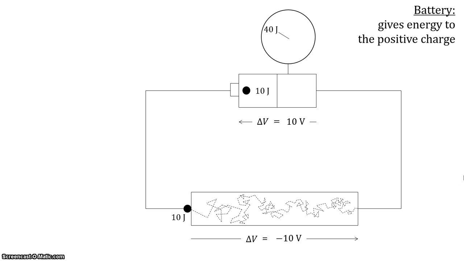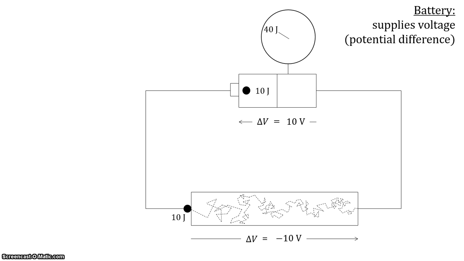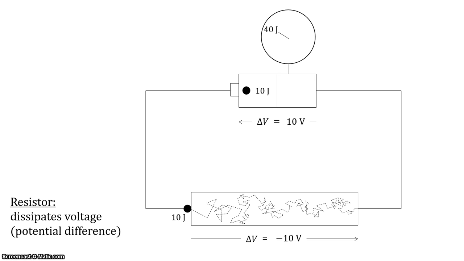Notice the battery is giving energy. It gave positive 10 joules to the charge. On the other hand, the resistor dissipated the charge's energy. In the language of voltage, we could say the battery supplies voltage or potential difference, and the resistor consumes or dissipates all of that voltage or potential difference.